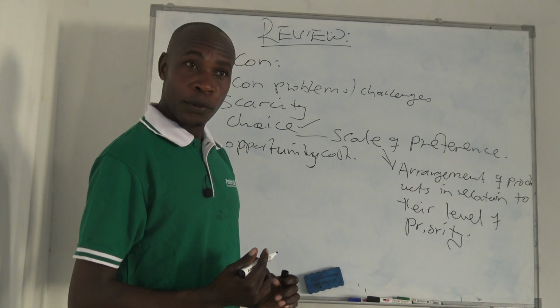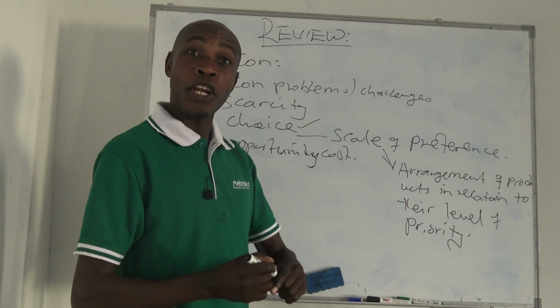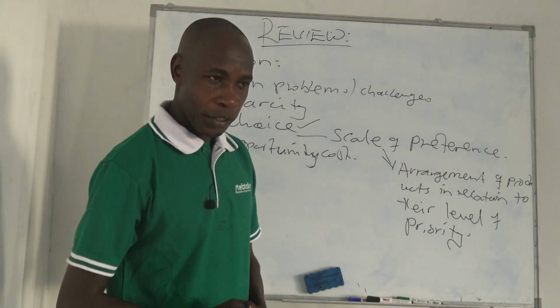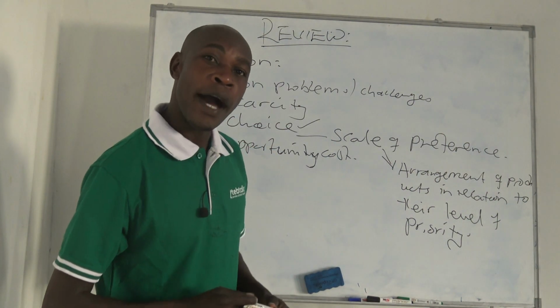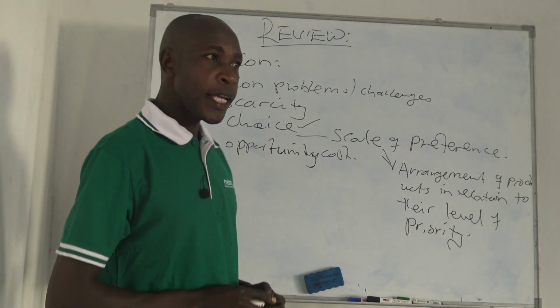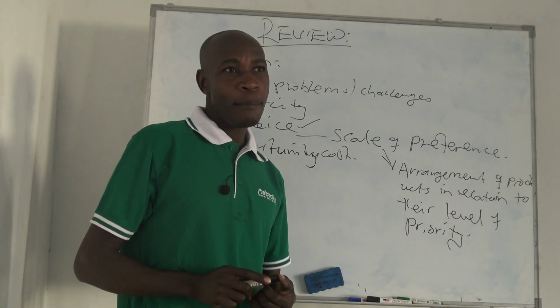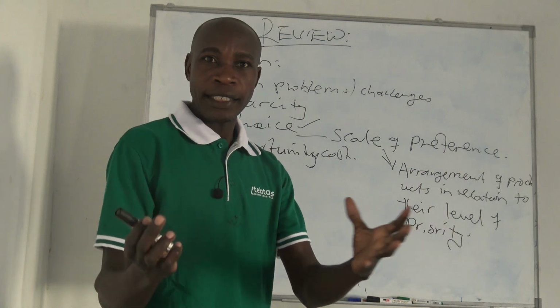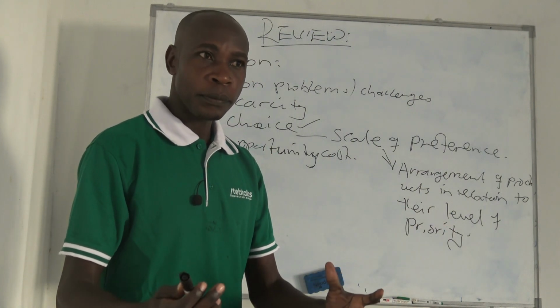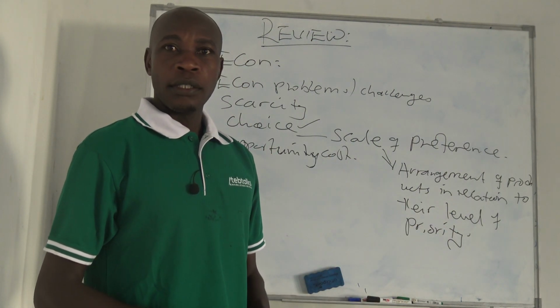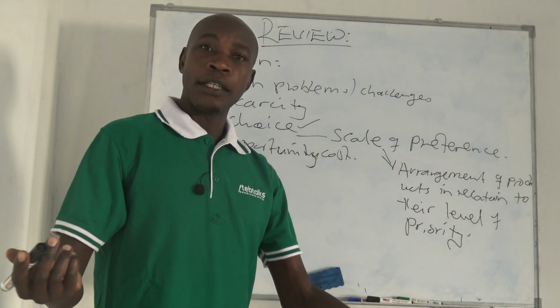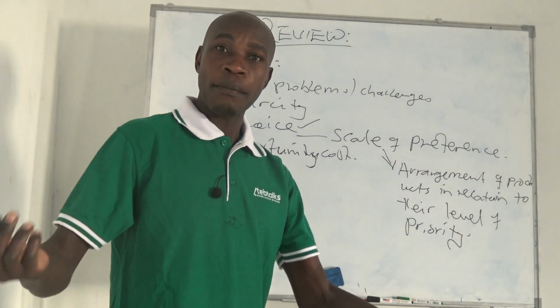For example, when you as a student are going to school and your parent asks you, please may you arrange your needs as you're going to school. How many needs do you always need? There are very many.